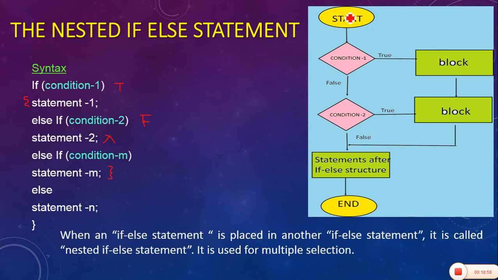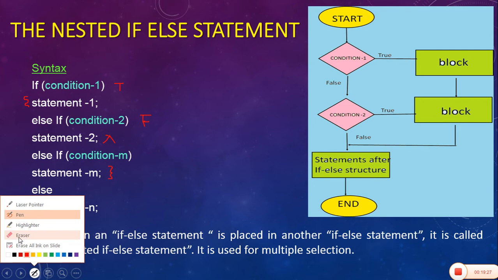Here you can see the flow chart in which there are condition 1 and condition 2. If condition 1 is true, its block will be executed, and if condition 1 is false, the control will be shifted towards its else. It should be like this if we are not considering it as a block.